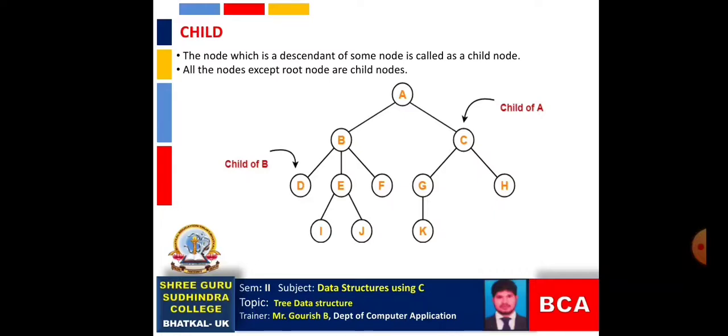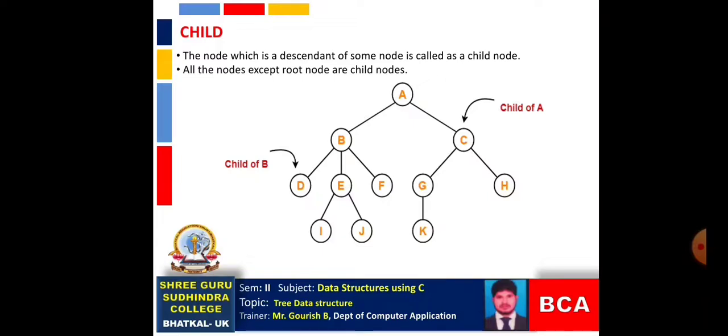The tree is growing from top to bottom, so A comes first, then B and C. So for A, B and C are successor nodes. C is the child of A, and in the same way, B is the child of A. D, E, F are children of B. K is the child of G. The immediate successor node is called the child node.